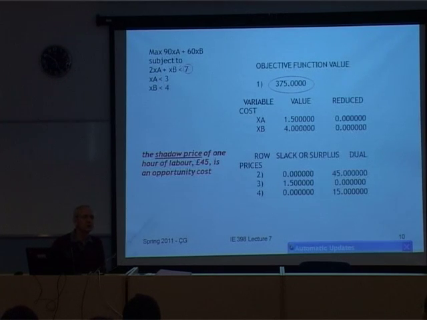So what's the opportunity cost of this resource for us? It is exactly measured by the difference it makes in our objective function value. It is 420 minus 375, which comes out as 45.